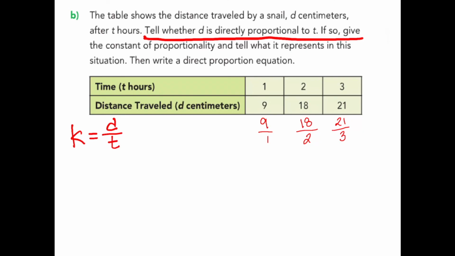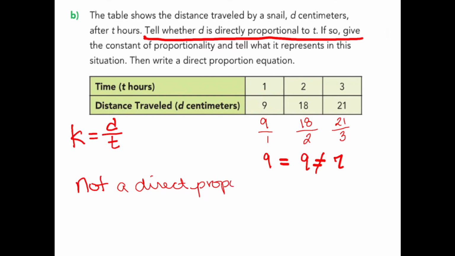So 9/1 is just 9. 18/2 is 9. And 21/3 is 7. 9 is equal to 9, but 9 is not equal to 7. So this is not a direct proportion.